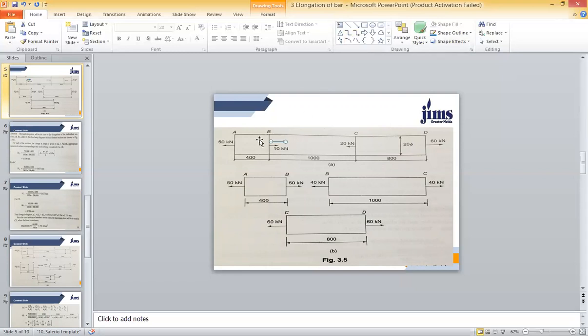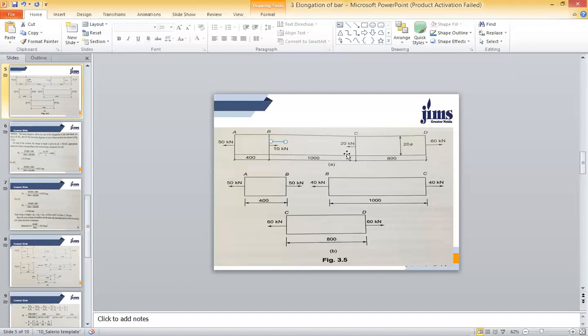So it will become balanced. So if I apply 40 kilonewton load on this side, then it becomes 50 kilonewton, and 40 kilonewton load on this side. So 50 kilonewton, 50 kilonewton, then 40 kilonewton load on this side. Total load on B surface is only 10 kilonewton, as shown in the figure.